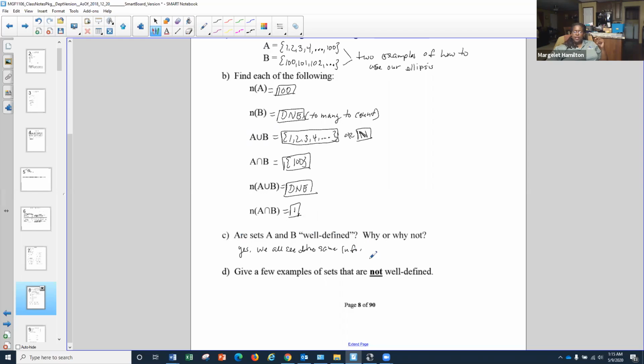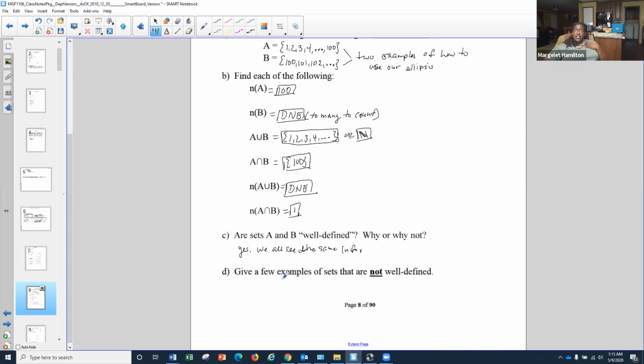We all see the same info, right? We're all talking about the same thing, the same natural numbers.